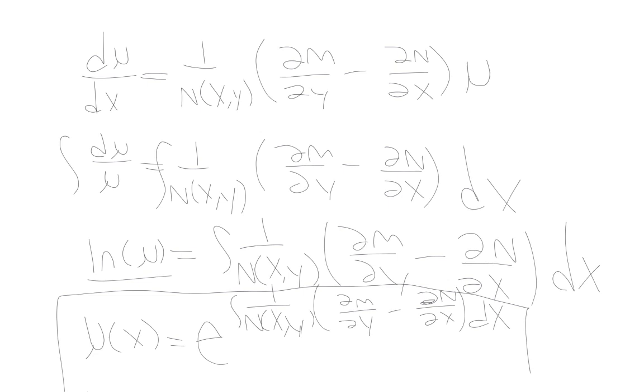So I encourage you to try to do all of this to produce a single variable function of y, to produce an alternative formula for an integrating factor, mu of y. And giving you an idea of what that would consist of, it'd be the same exact procedure, except you'd be differentiating with respect to y instead.